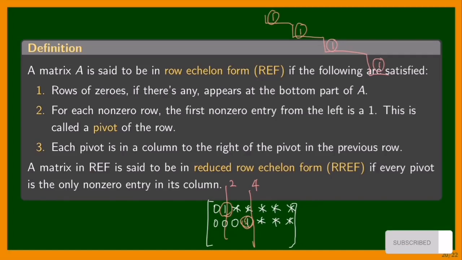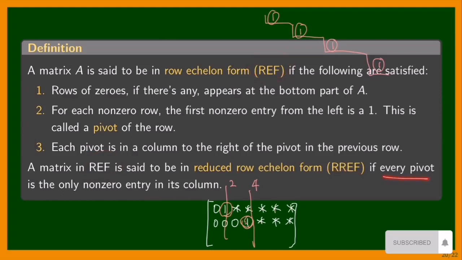Do you understand? Now, meron tayong additional condition. A matrix is said to be in RREF. By the way, for a matrix to be in RREF, it must be first in REF. Kailangan satisfied muna itong 3 conditions. So para maging RREF ka, dapat REF ka muna. Tapos may additional condition.